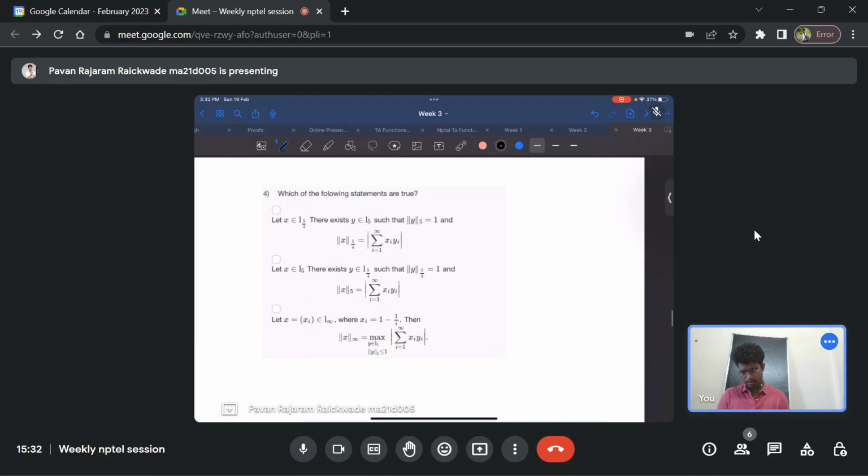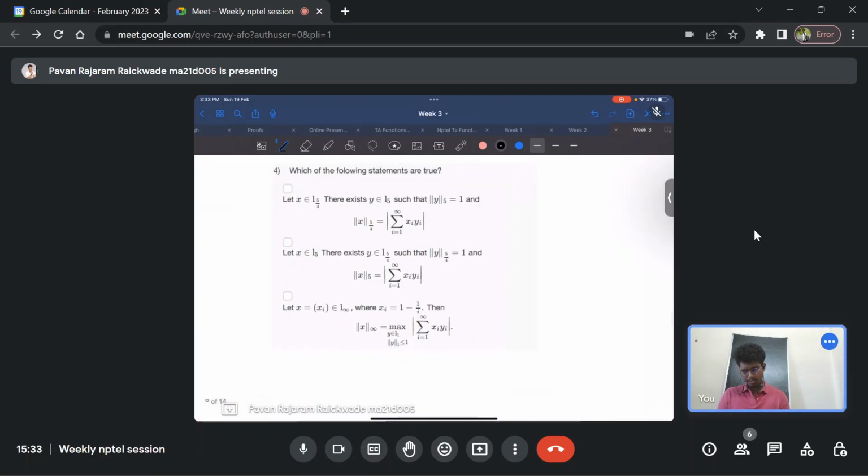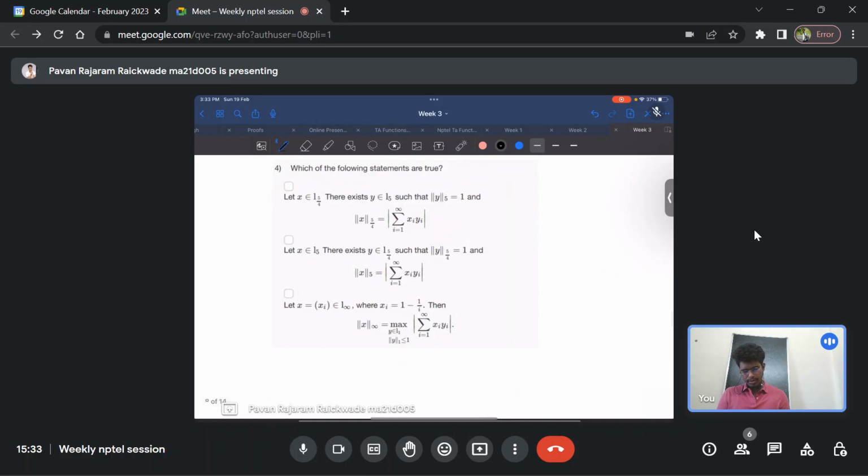Question number four. Which of the following statements are true? Option number one: x belongs to L 5/4, there exists y belongs to L 5 such that the norm of y is 1 and this thing holds.